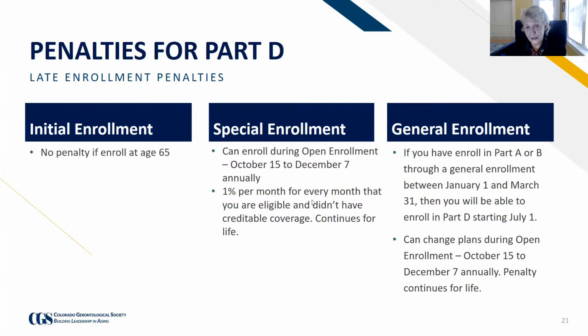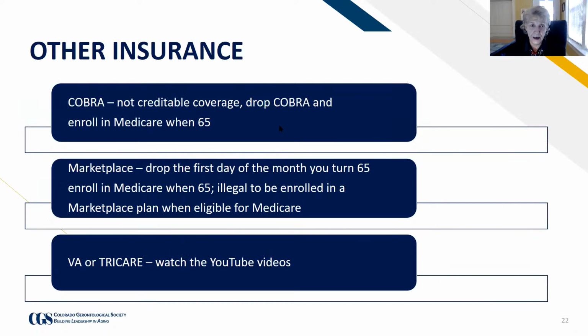So if you sign up at age 70 on Part D, and you didn't do it correctly, you will have a 60% penalty on Part D. And I said earlier that on Part B you would have a 60% penalty, but you will actually have a 50% penalty if you sign up at age 70, because it's 5 years and it's 10% per year. I just did the math wrong in my head. Sorry about that.